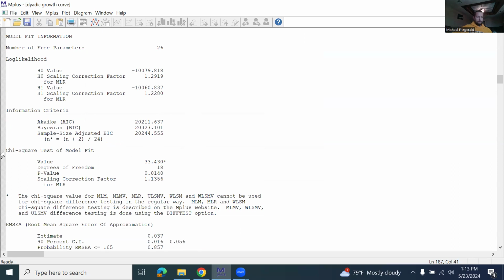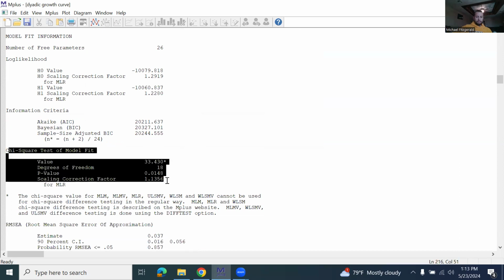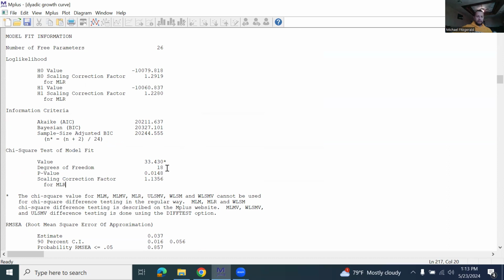So we will scroll down. We will look at our chi-square test of model fit. So we have 18 degrees of freedom, and we have a chi-square test of 33.43. So this is significant, but this test tends to be highly sensitive and will detect extremely small differences between your observed and your expected covariance matrix. And so I don't place a whole lot of weight on the test of model fit.